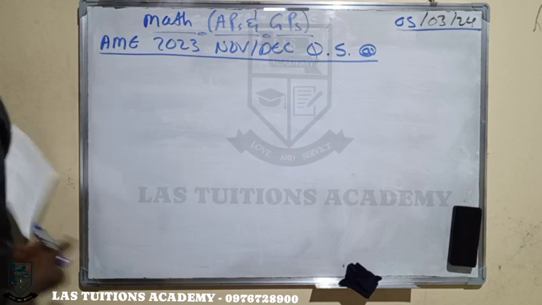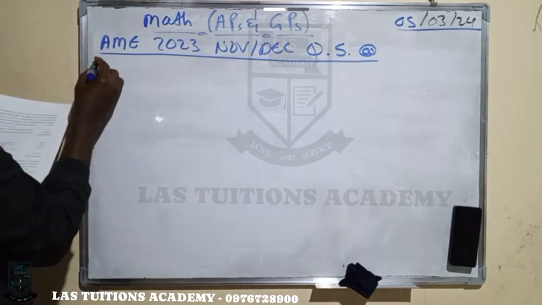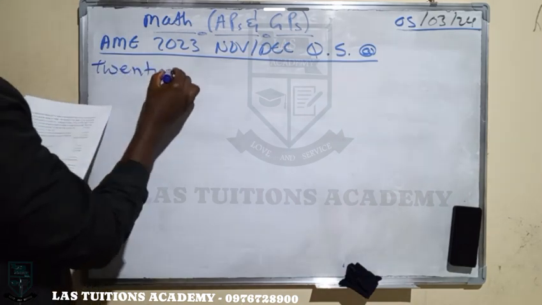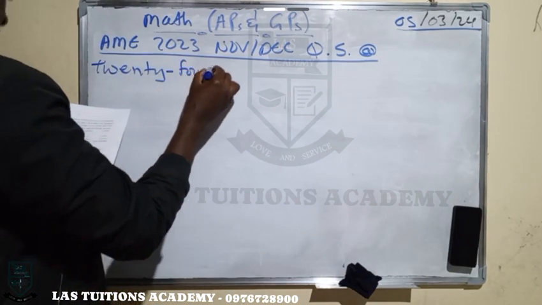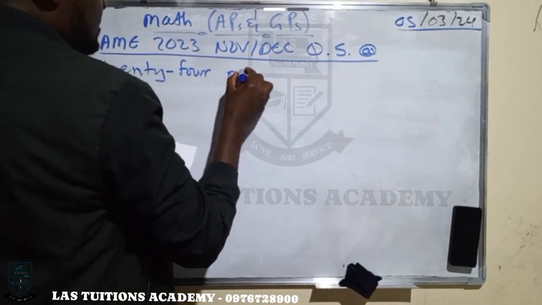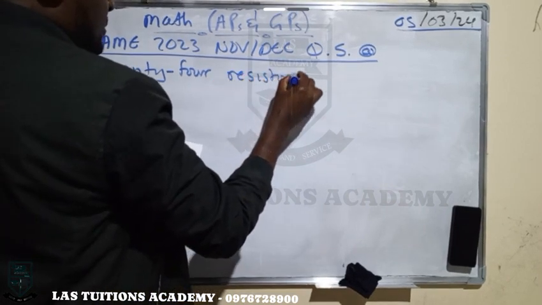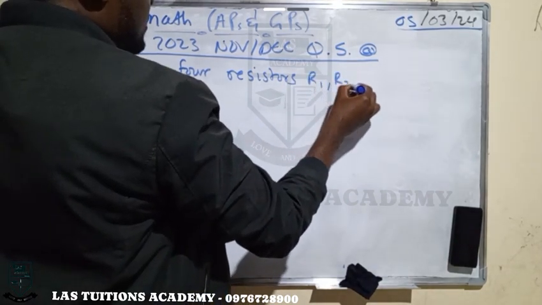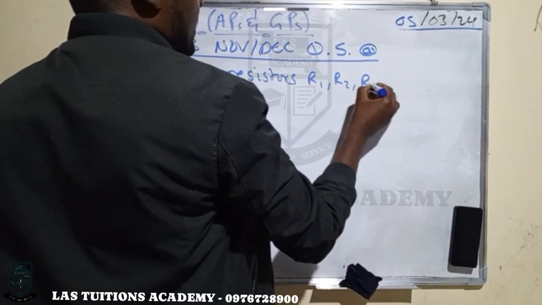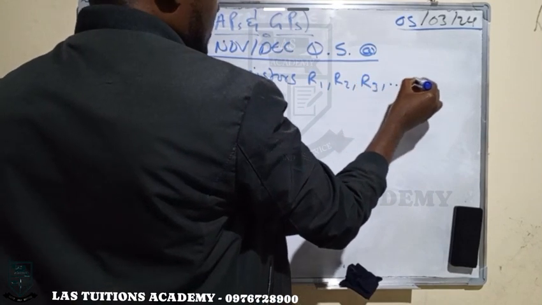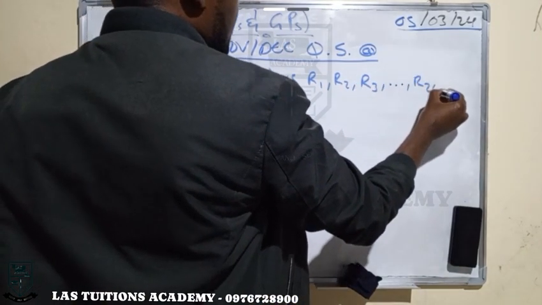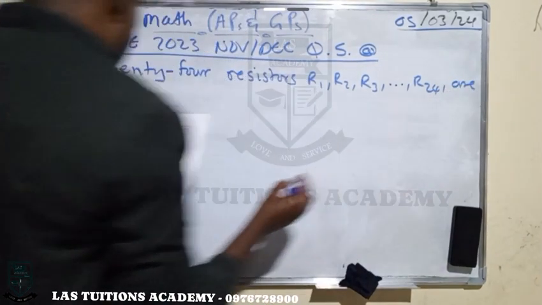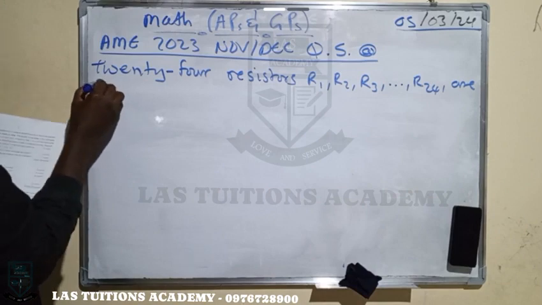So it says 24 resistors, that's R1, R2, R3, R24 are connected in series.